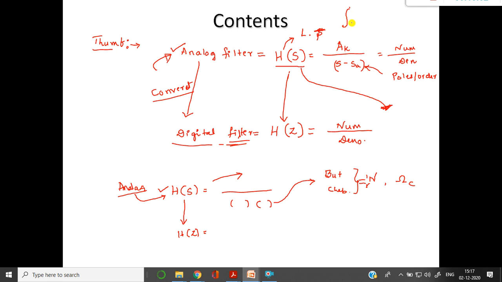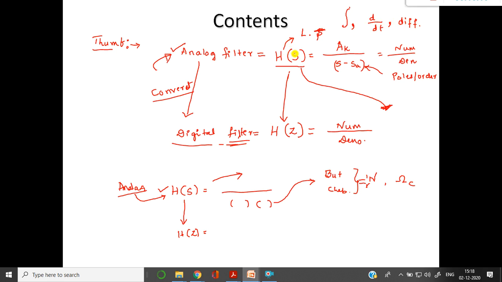So I can represent integration in another way: the reverse operation of integration is differentiation, d by dt. Another way we represent this equation is as a difference equation.